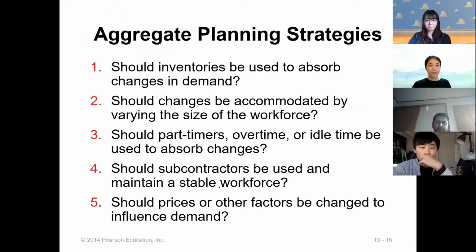So what are the strategies that we can use to plan for our medium term, intermediate? So these are the questions when you start the aggregate planning, the determination of all the quantity to be produced. Number one, should inventory be used to absorb changes in demand?